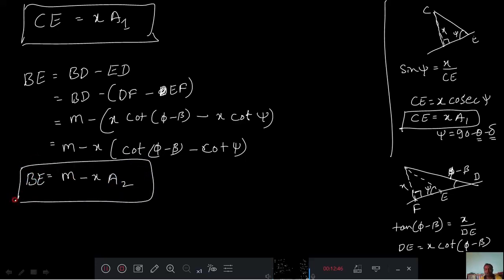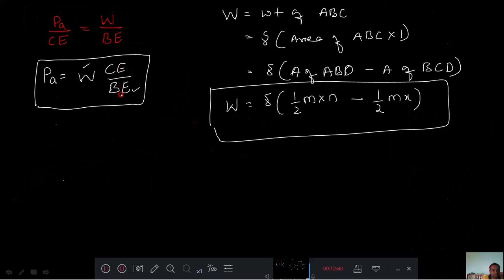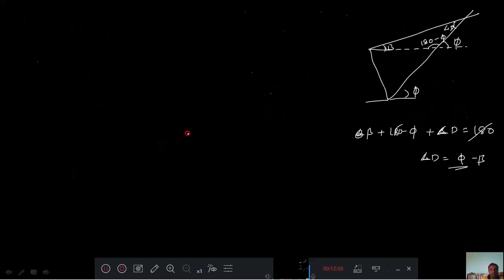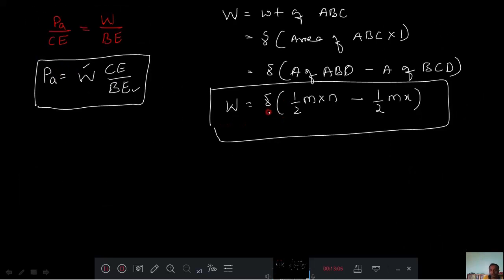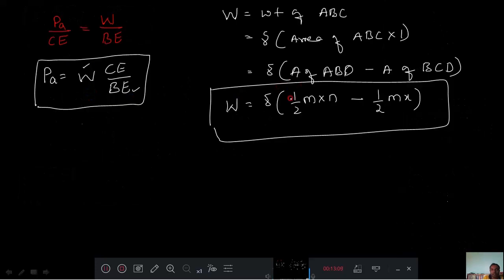Now I got all three variables, W, CE and BE. Now I will write that. Look here. PA equals W into CE divided by BE. Then W is what? Half, and take gamma outside, M outside.